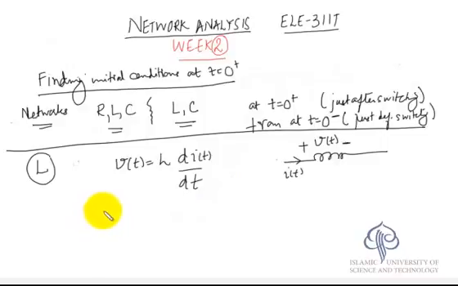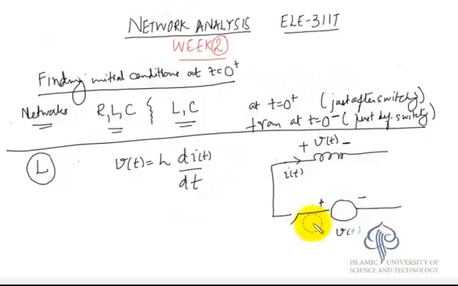Now let us suppose that this inductor is connected to a switch which is connected to a voltage source, and we want to see what is happening actually in the circuit. So this is the voltage source, let us say it's capital V.